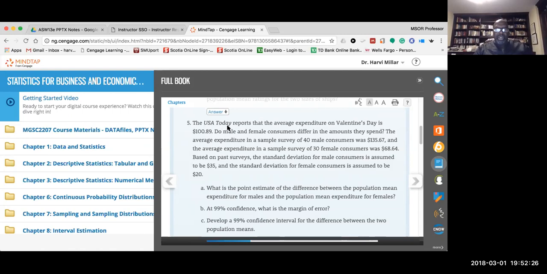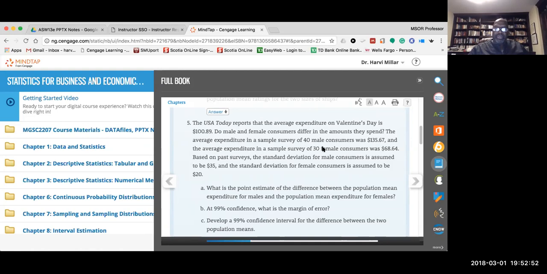We're told USA Today reports that the average expenditure on Valentine's Day is $100.89. Male and female consumers differ in the amount they spend. The average expenditure in a sample survey of 40 males was $135.67.